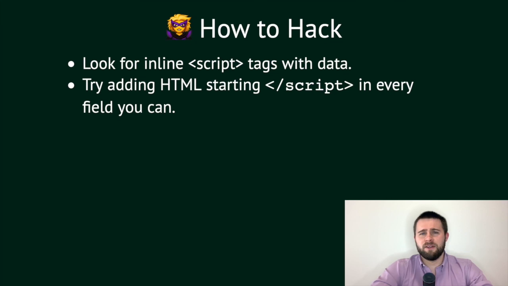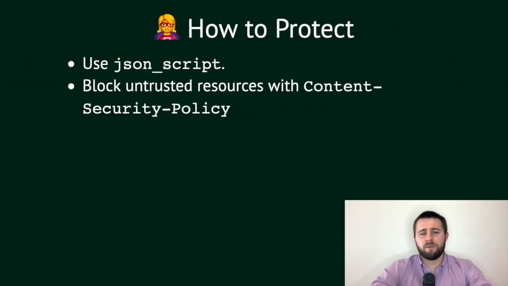And similarly to looking for other HTML injection attacks, we can try using a closing script tag at the start of HTML that we stuff into fields that we have control over. For protection, well, we can use json_script or other solutions that don't exist within Django. And we can also use our friend content security policy again to block any resources that we don't trust.